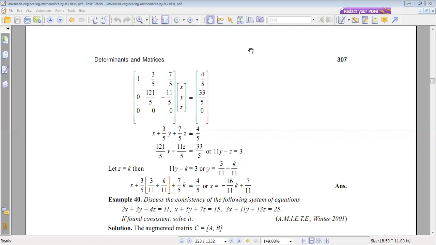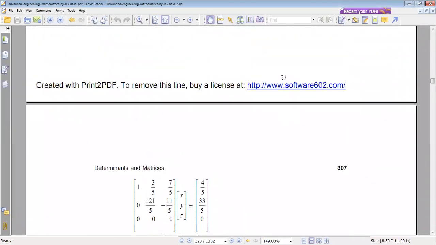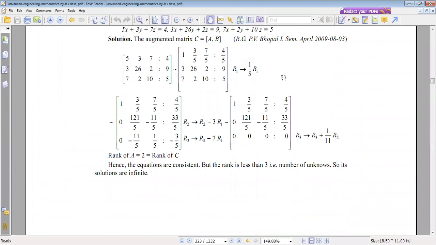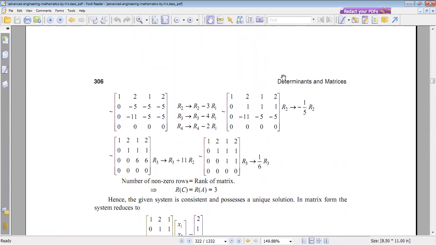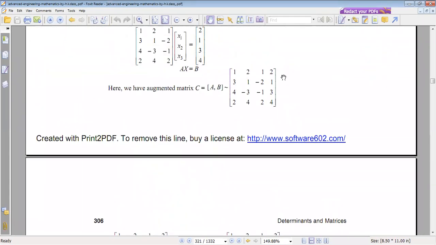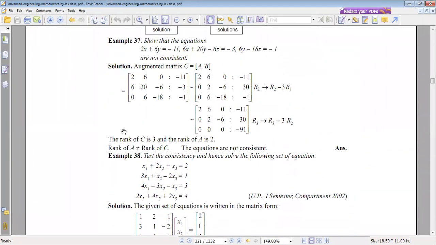If the rank of the matrix is not equal to the rank of the augmented matrix, then this system is inconsistent. That means there is no solution. So if rank of A is not equal to rank of C, the equations are not consistent.